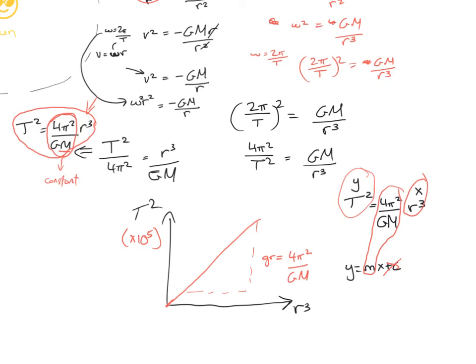Just a quick mention here as well. This law doesn't only apply to planets orbiting the sun. Even though we model the elliptical orbits to be circular orbits and we make approximations, there are more objects that actually orbit each other, especially the ones that we place in orbit around the Earth.